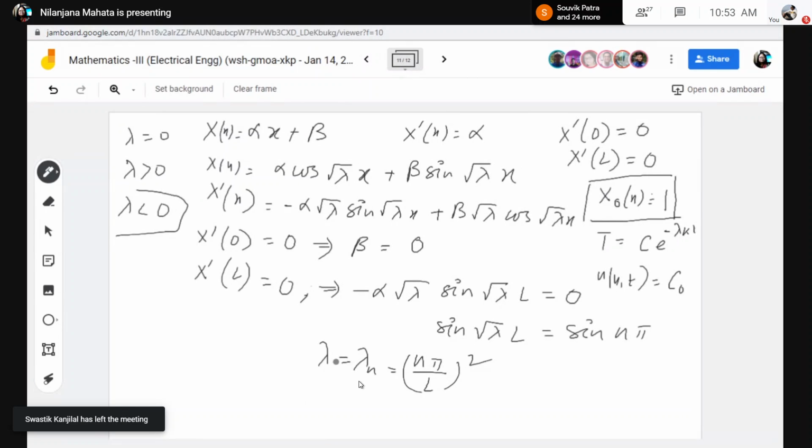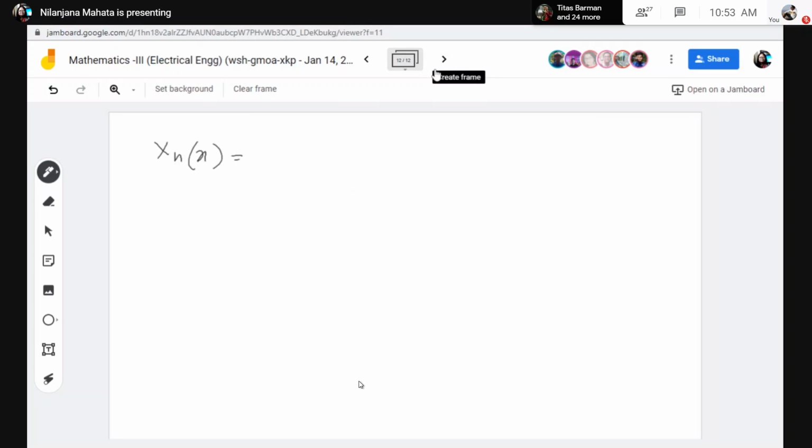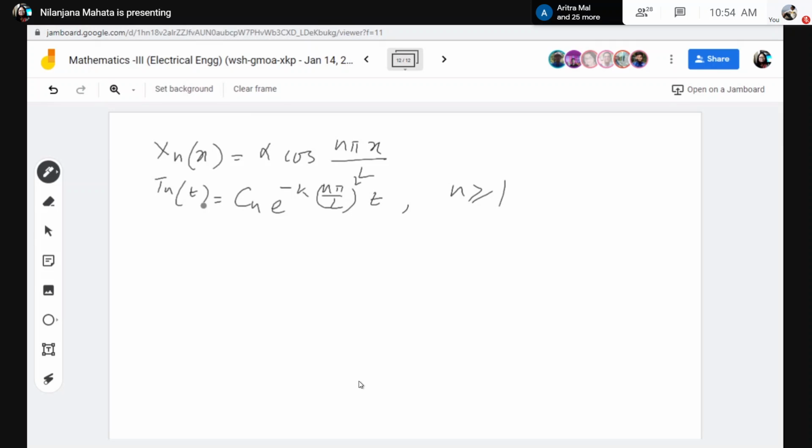I have got this lambda and beta is 0, so I will have only this term. Beta is 0, so our solution is alpha cos n pi x by L, and T_n(t) is C_n e to the power minus k (n pi by L) square t for n greater than or equal to 1.